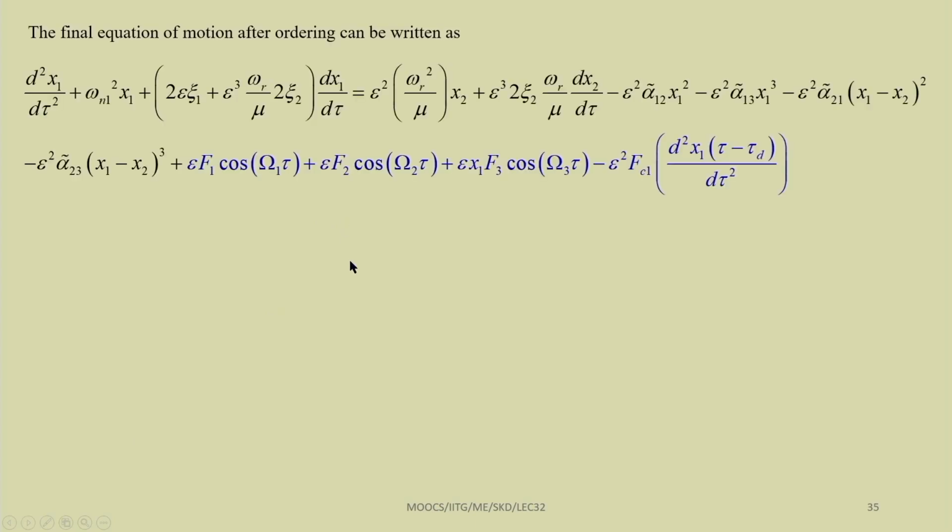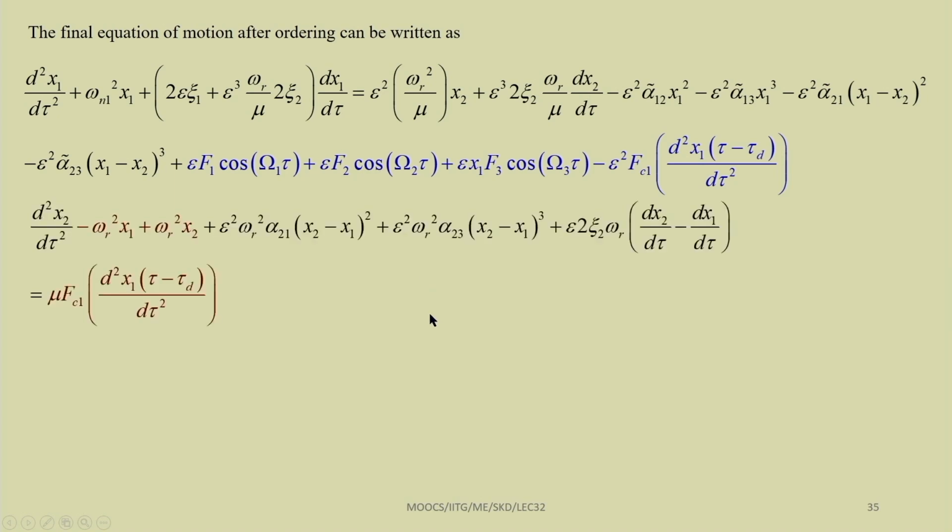In this way, you can non-dimensionalize and write down the equation of motion by ordering it with the use of a bookkeeping parameter epsilon. Some terms may be of the order of epsilon, some of epsilon square, that is epsilon to the power 0, epsilon to the power 1, and epsilon to the power 2.